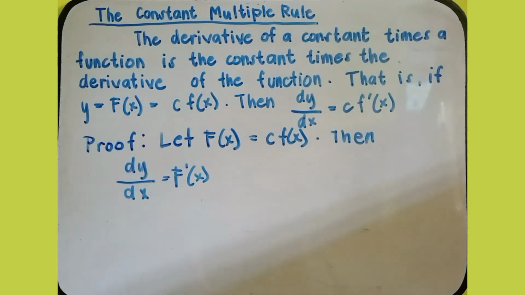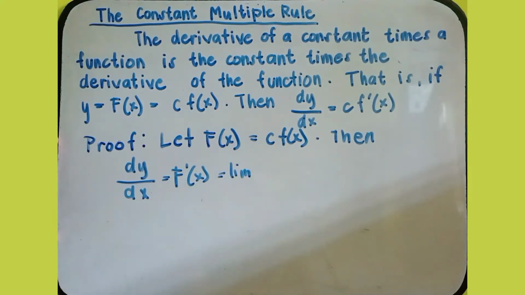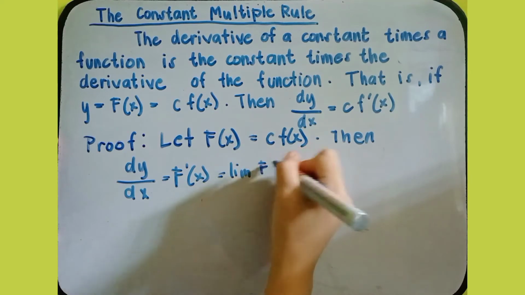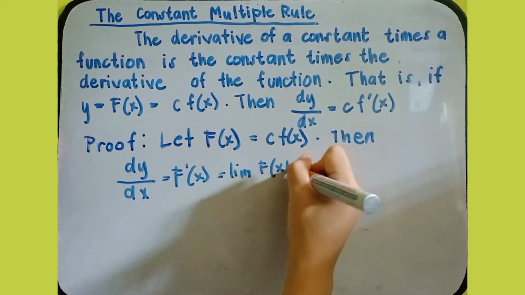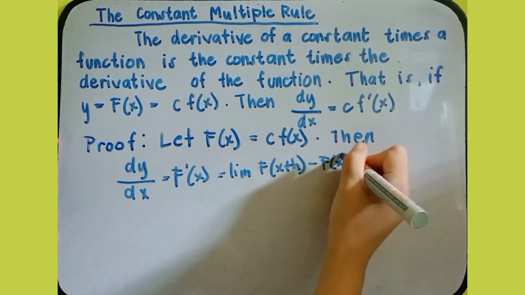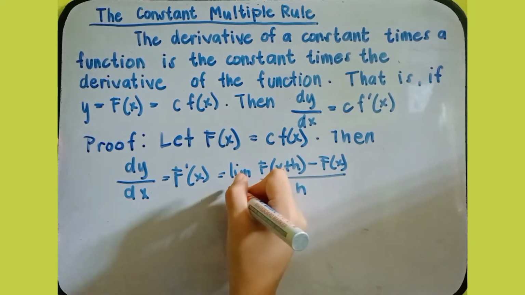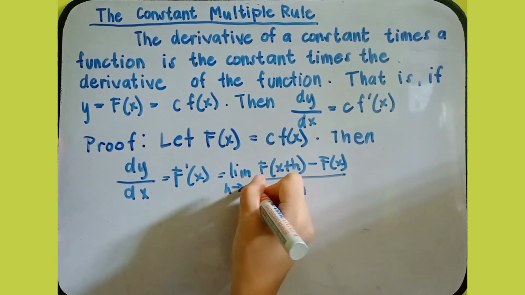Now our f prime of x is just the limit of f of x plus h minus f of x over h, where h approaches 0.